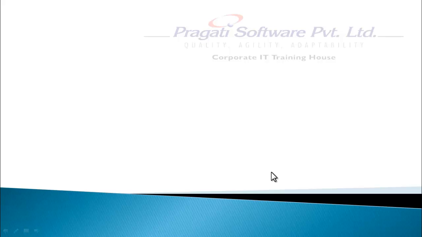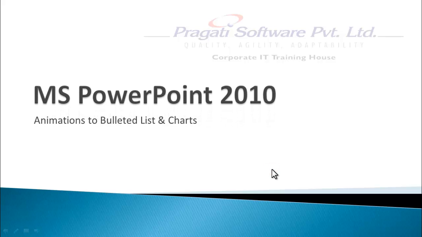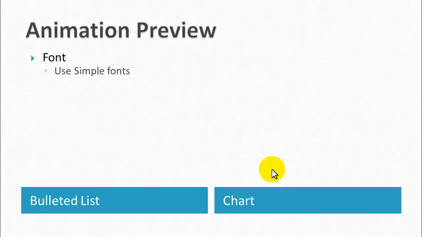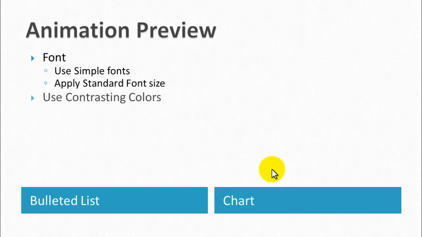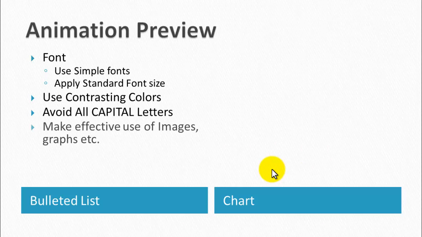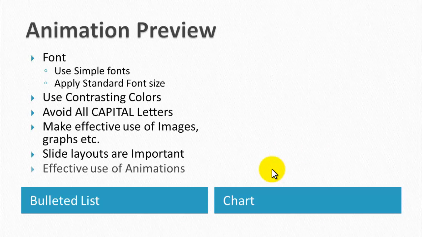In this video, I'll be explaining how to apply animations to a bulleted list and charts using PowerPoint 2010. Usually when we talk about PowerPoint animations, they are majorly applied to a bulleted list and charts.